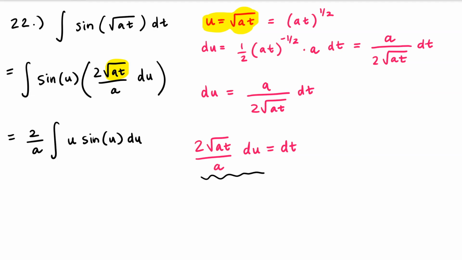Now, looking at this integral, hopefully you recognize that we would want to use integration by parts, and we can use the more traditional integration by parts. I'm going to go ahead and utilize tabular method. If you don't know what tabular method is, please go and watch my video series on integration by parts.